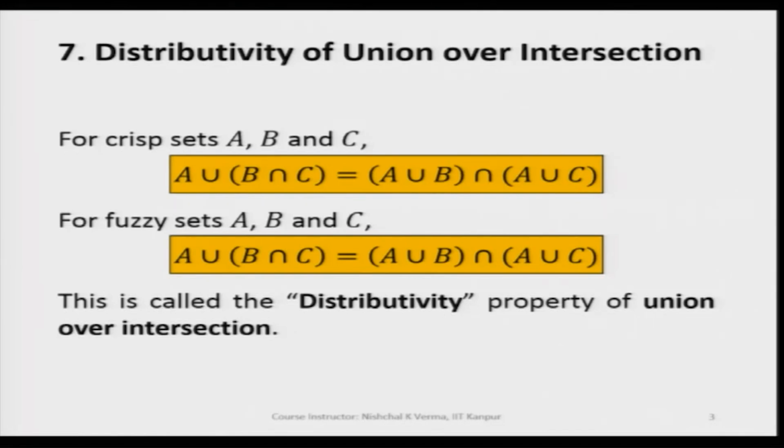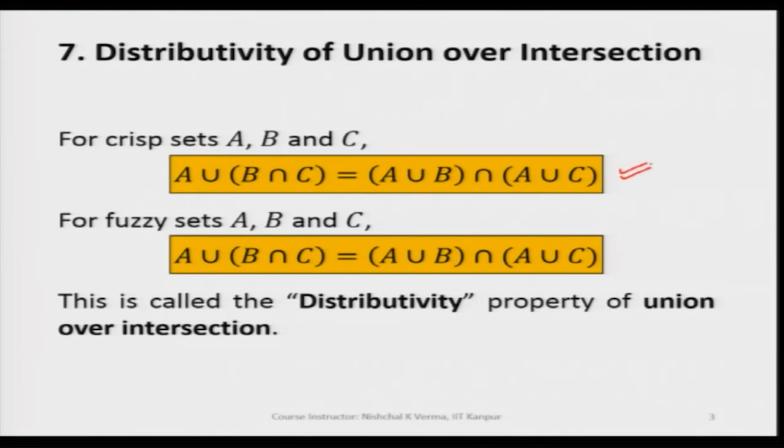And we all know that for crisp sets A, B and C, this distributivity property of union over intersection is valid.